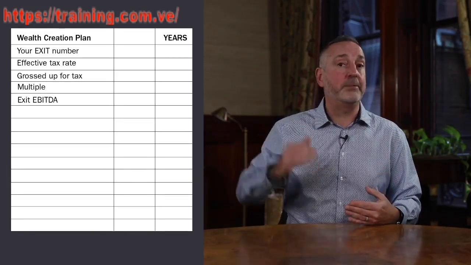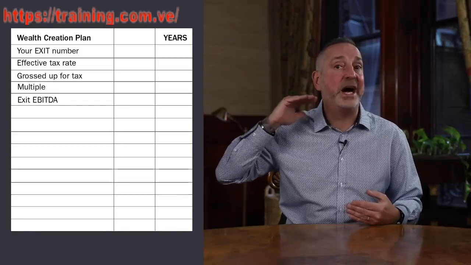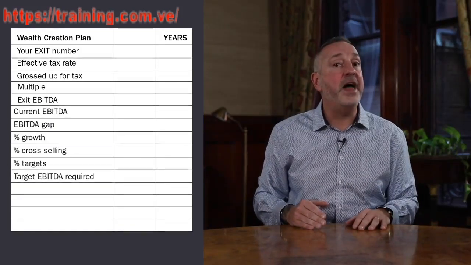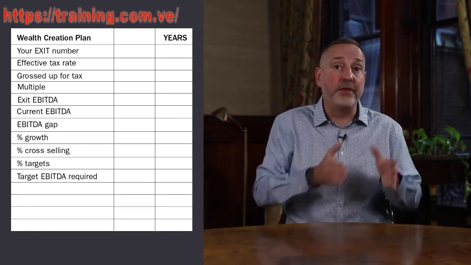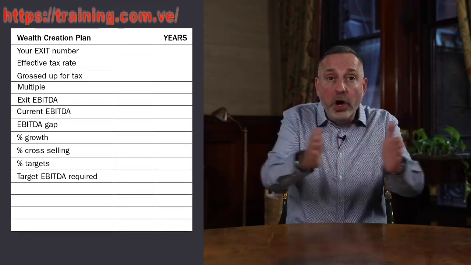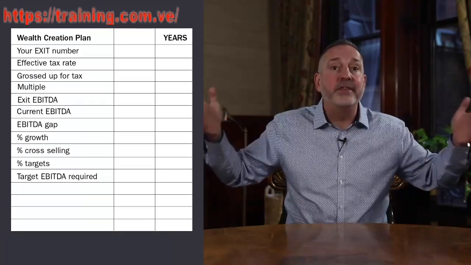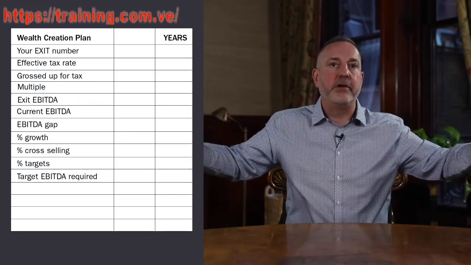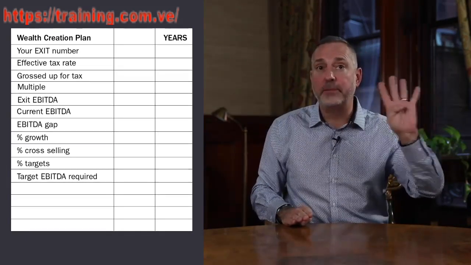Now you know the total amount of EBITDA that your empire needs to generate at the time that you want to cash out. Then we extract the EBITDA that you currently generate to work out the EBITDA gap, the increase in profit needed over the time period. Now this increase will come from 4 places.